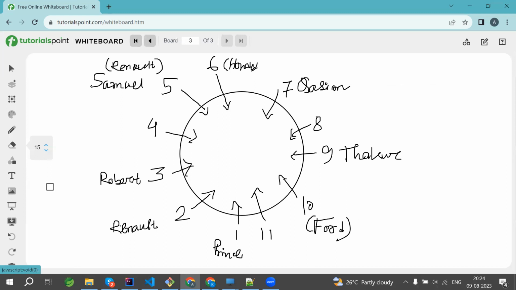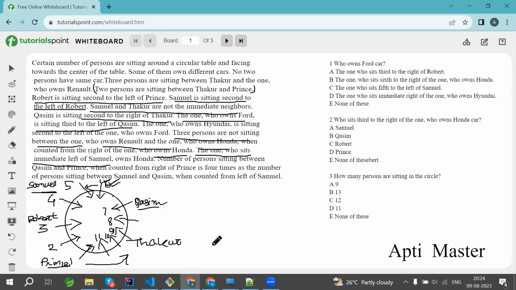That's why I'm removing this one, and Samuel owns the Renault, right? So this is clear, I think. So that much information we got. So I'm not totally clear yet.